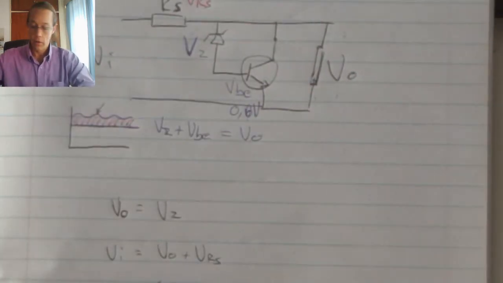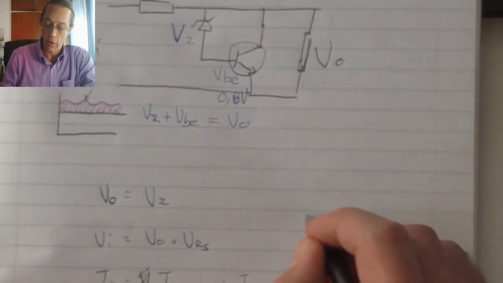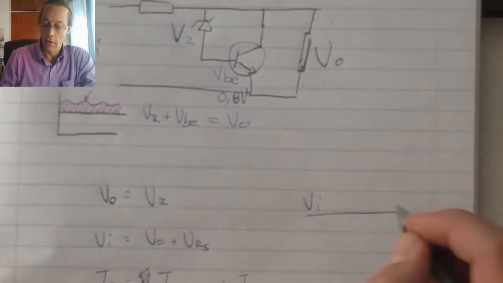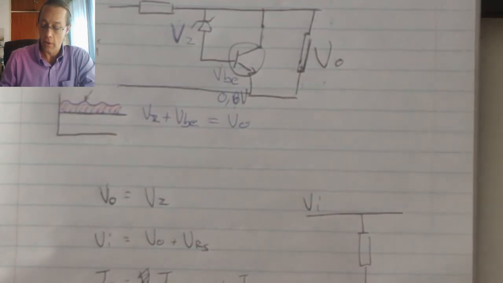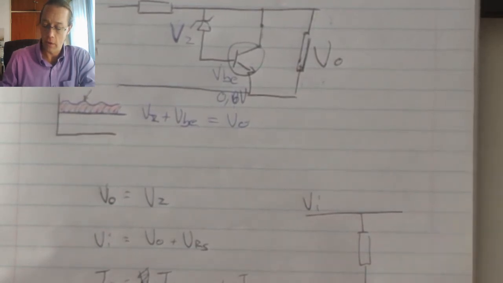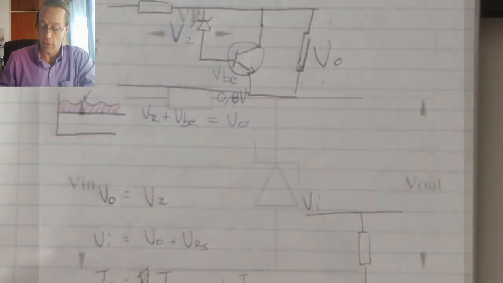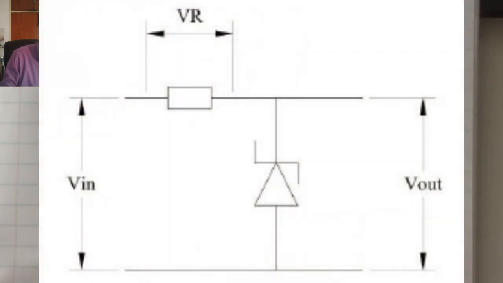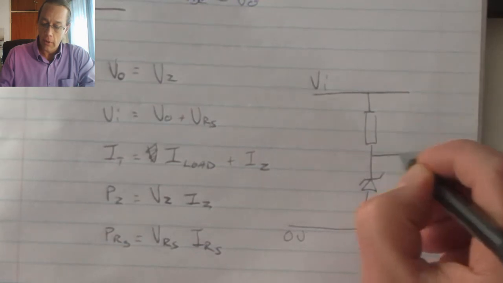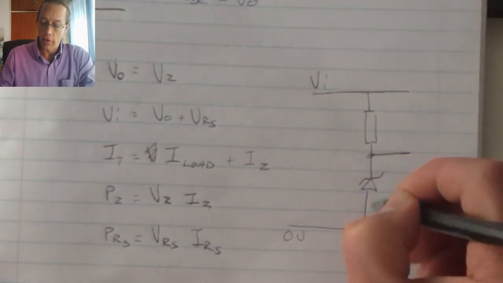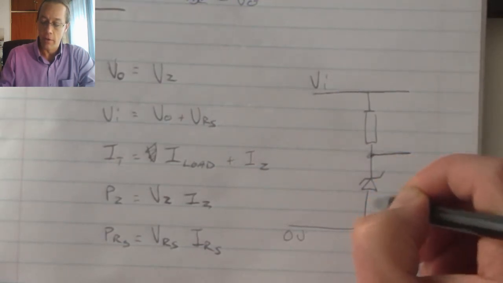To simplify this circuit, we're going to look at V in. That's going to connect through my resistor, which then connects to my Zener diode, which then connects to my 0 volt or my negative supply over there. Now my output in essence is this voltage that's going to develop on the Zener.